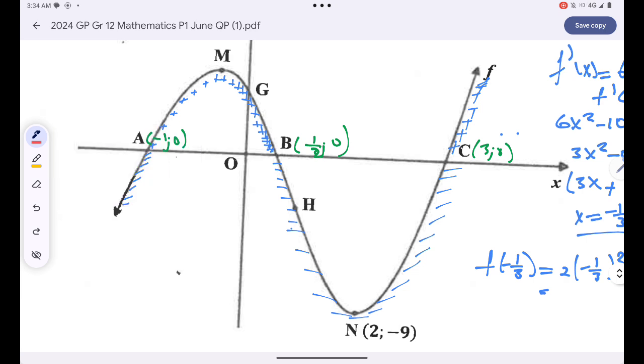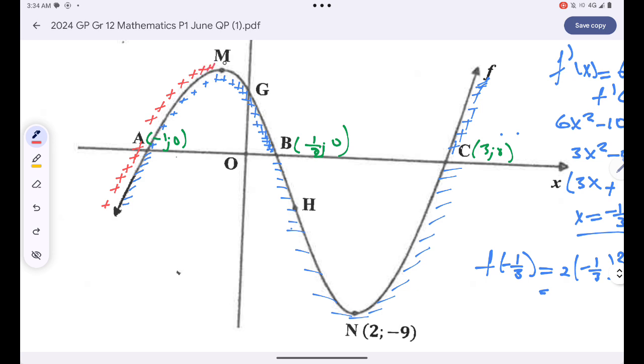Since I'm given the original graph f of x and the derivative, I must focus on whether my graph is increasing or decreasing. Moving from left to right, is my graph going up or down? My graph is going up, that means it's increasing. Then my graph changes direction at the turning point.